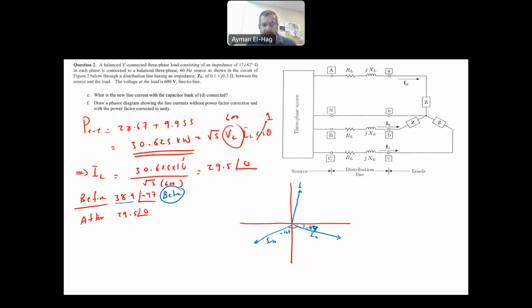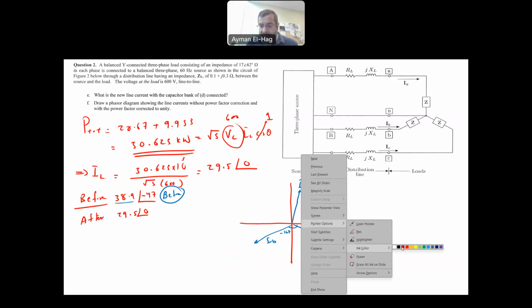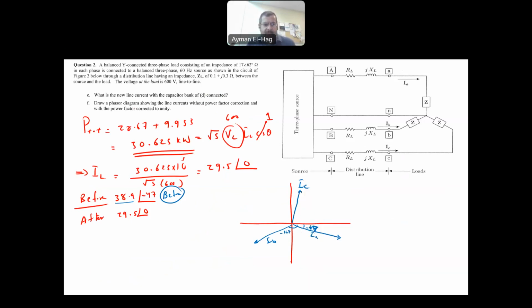This is IC. Now let's choose another color for after. So basically, this is for after. The current is less and the angle is 0. So this is IA prime.